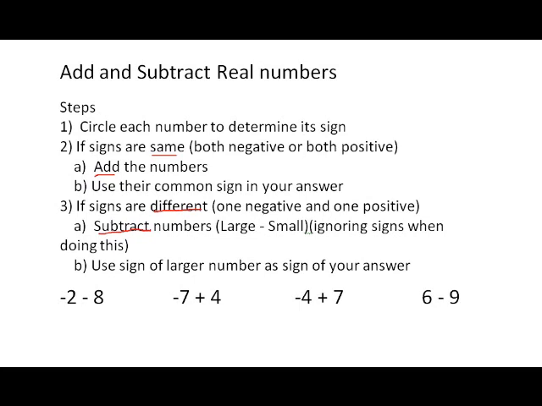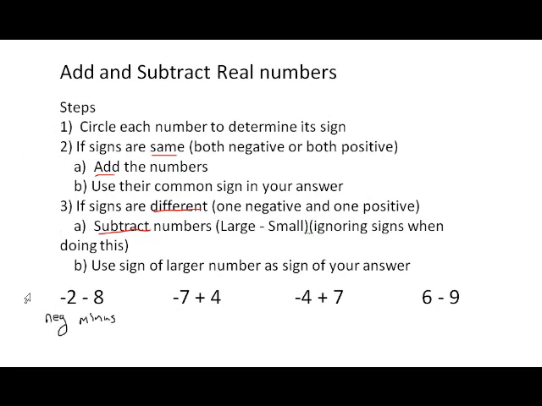So let's take a look at the problems that we have here. Step 1, circle each number to determine its sign. So let me just look at this one. A lot of people will, when reading this problem right here, say -2 minus 8.